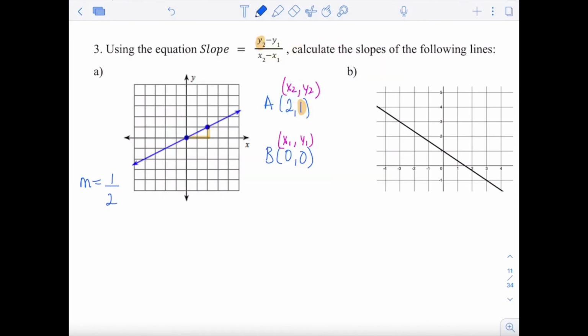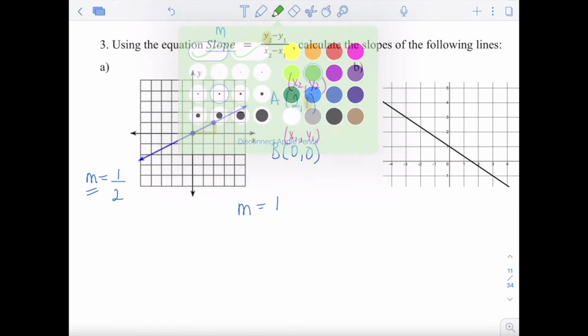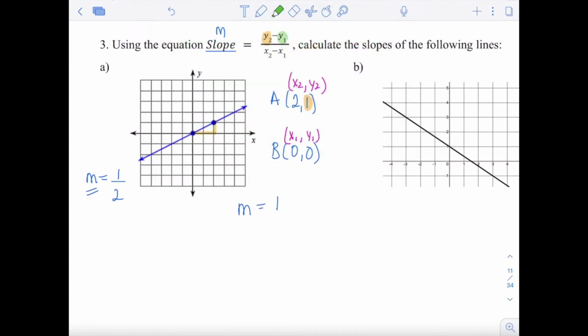For some reason, we use m. I used it already here without thinking of it. We use the variable m to represent slope. I'm not sure why, but we're going to use it because that's what mathematicians do. So m, y2 is the number 1. Now I have to subtract y1, which is 0.